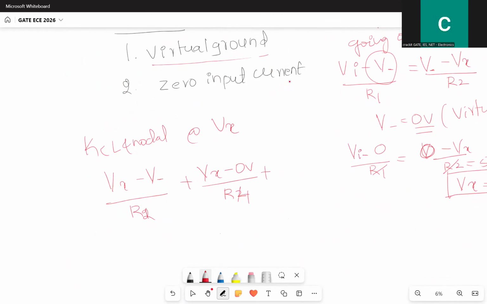Then Vx minus V output by R3 is equal to 0. LCM is the same because all are 50 kilo ohms. So Vx minus V minus plus Vx minus V naught is equal to 0.